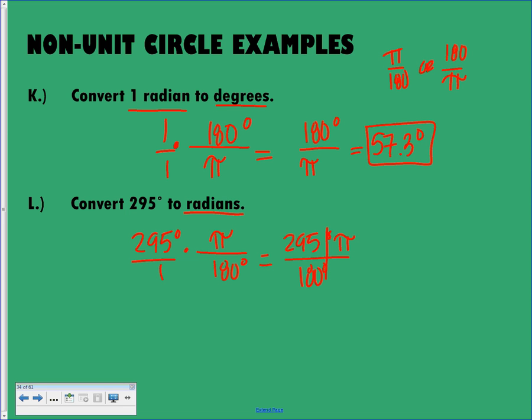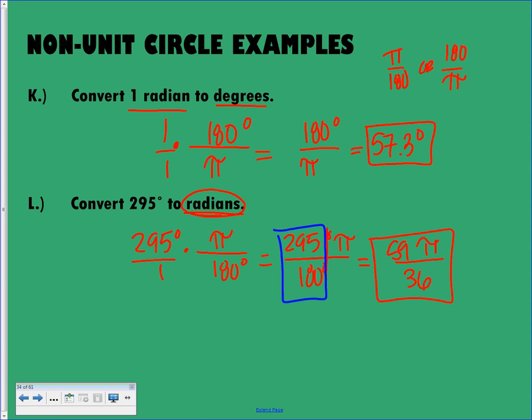My degrees cancel, which they should. Because I'm going to radians, and radians are measured in terms of pi, you leave your pi, and all you want to do is reduce this fraction. Reduce 295 over 180. Just type that into your calculator. That should give you 59 over 36.